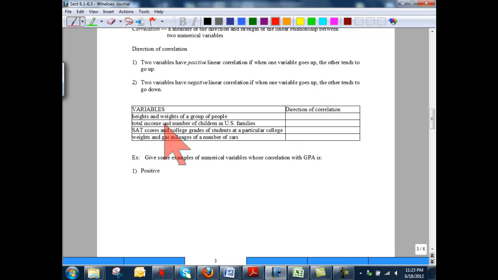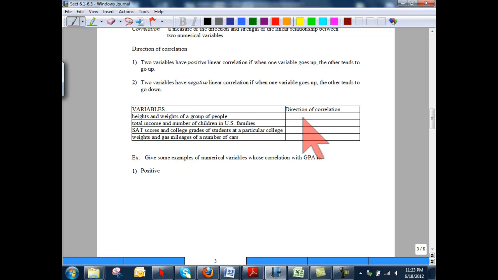Heights and weights of a group of people. So the scenario is you have a whole bunch of people and you start picking them out one at a time and weighing them and measuring their heights. And the question is, if a person is taller, say, do they tend to weigh more than the rest of the people or less?